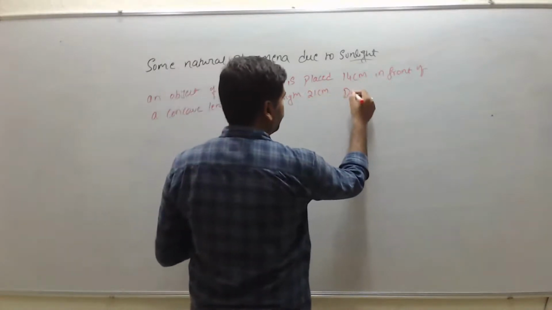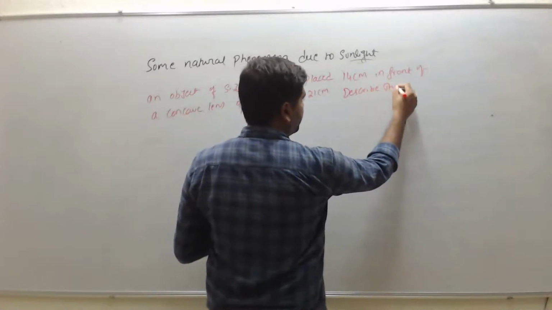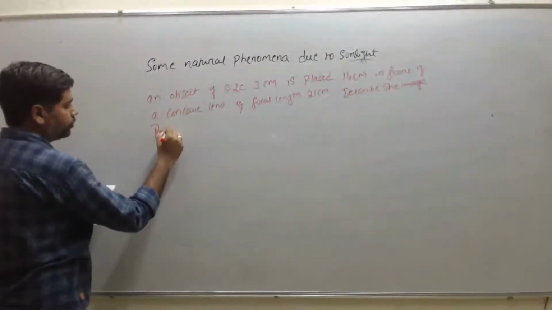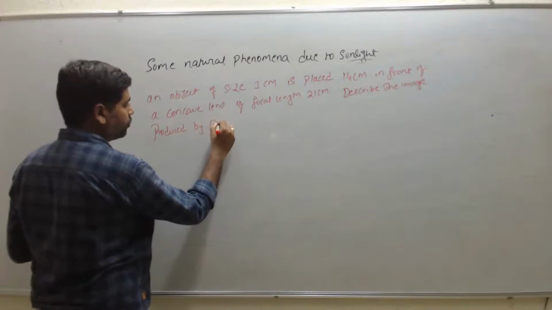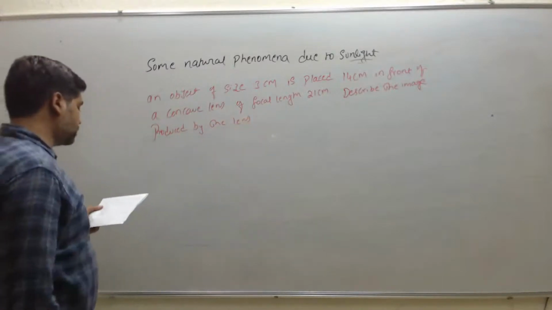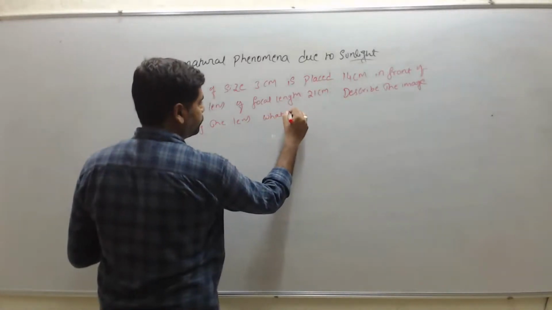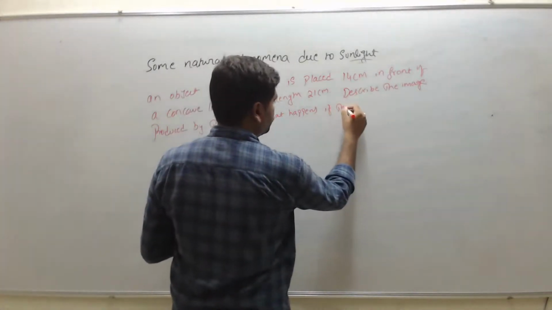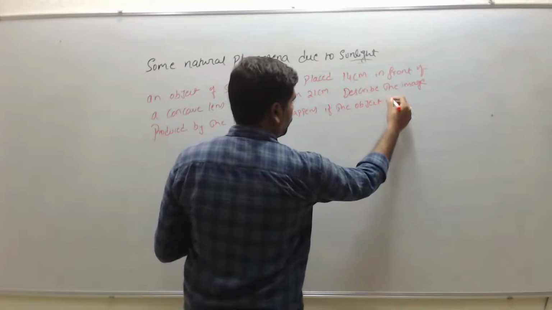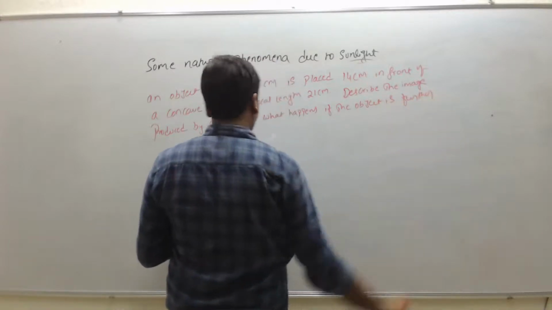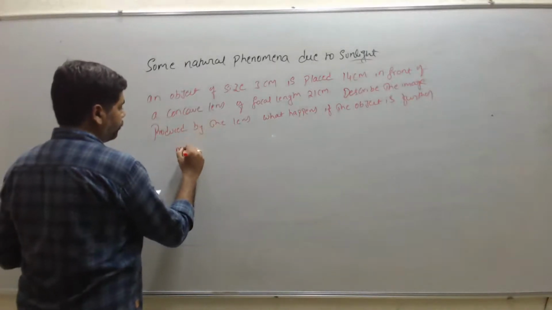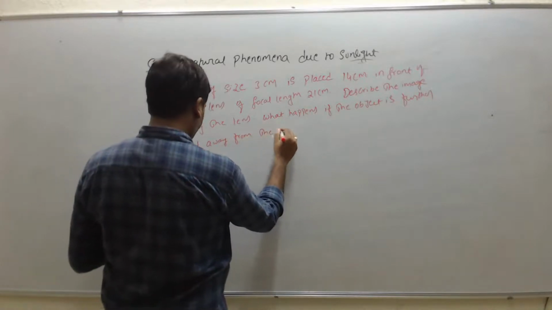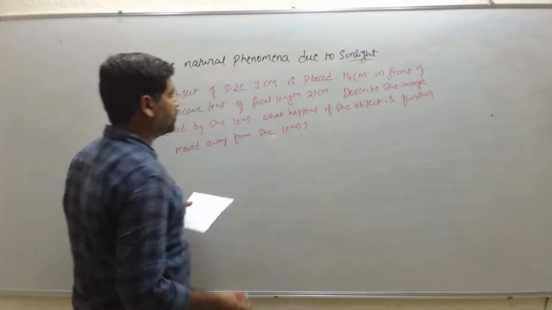Describe the image produced by the lens, and also what happens if the object is further moved away from the lens. So this is the question.